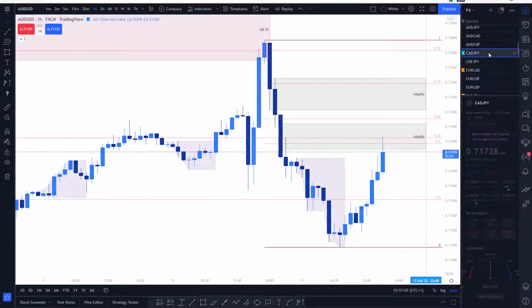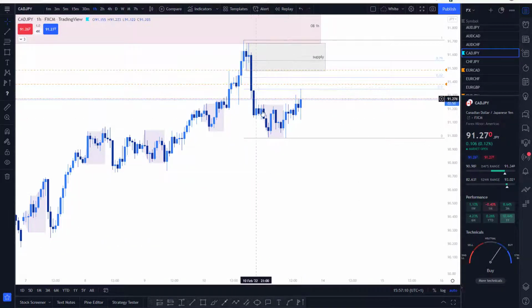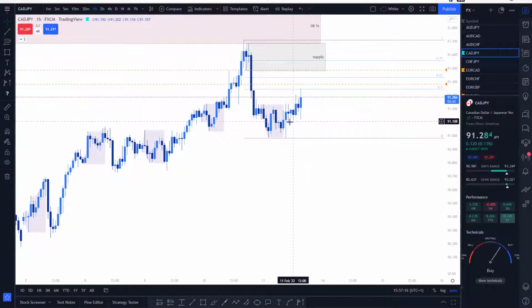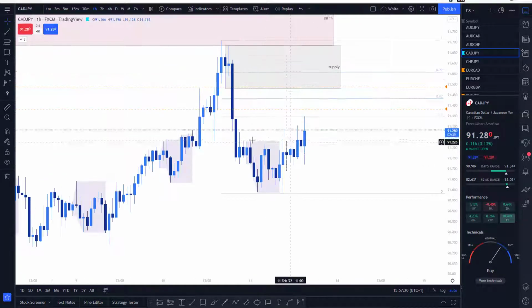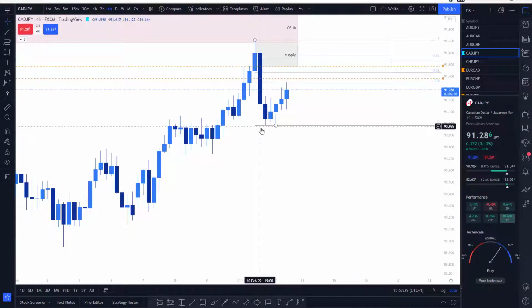And CadJpy, in this sense, there's a nice round up here. And it's leaving sell side liquidity in forms of this time frame still equal lows, or if you look at the 4 hour, these are roughly equal lows.